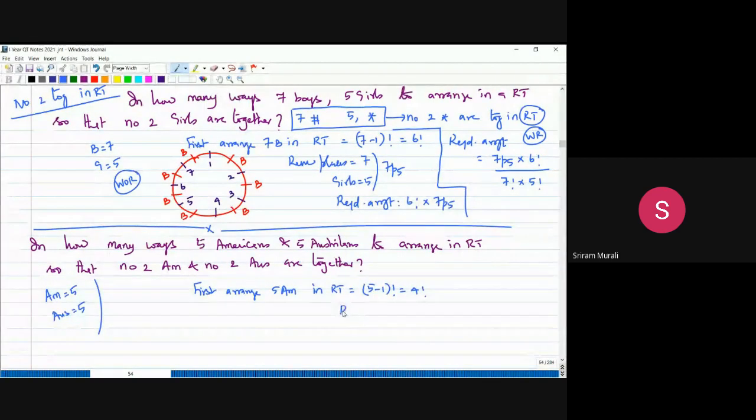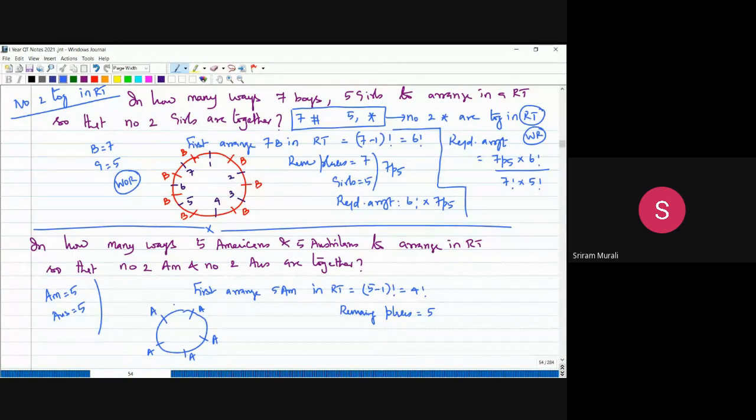How many places are left out? The remaining places must be equal to 5. Am I right? Just draw the diagram: 1, 2, 3, 4, 5 places.